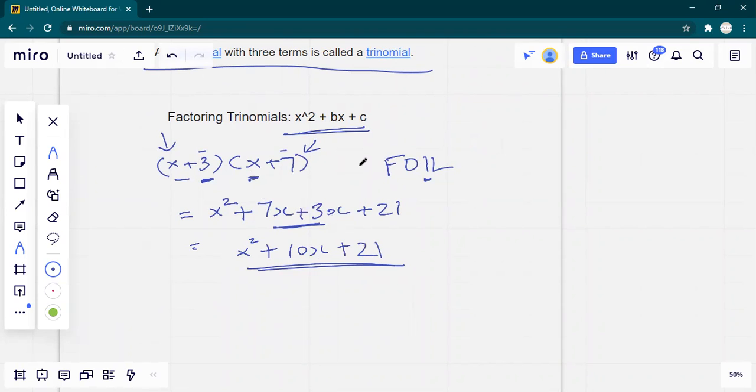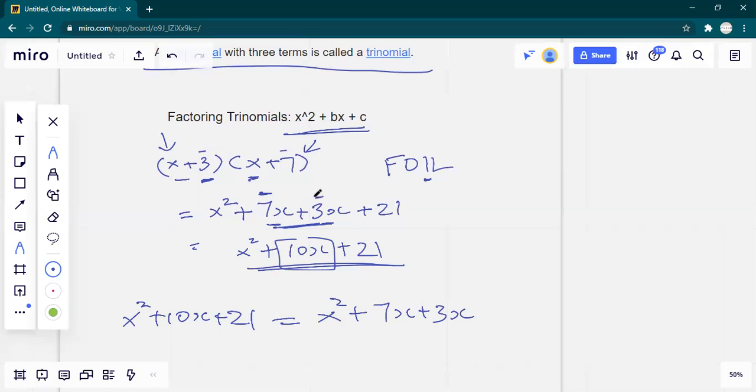If you reverse this multiplication process, you will get the factorized form. So start with x squared plus 10x plus 21, and we need to split the middle term 10x as 7x and 3x. Why 7x and 3x? Because the product of 7 and 3 is 21.